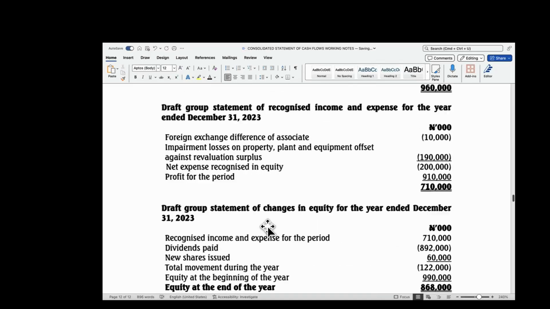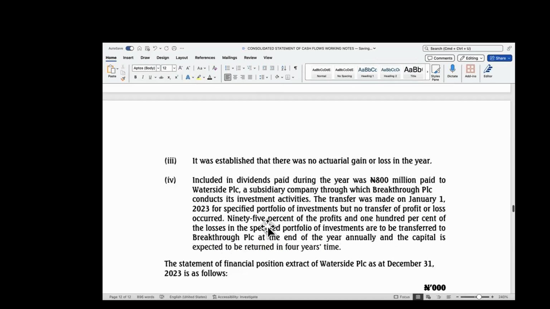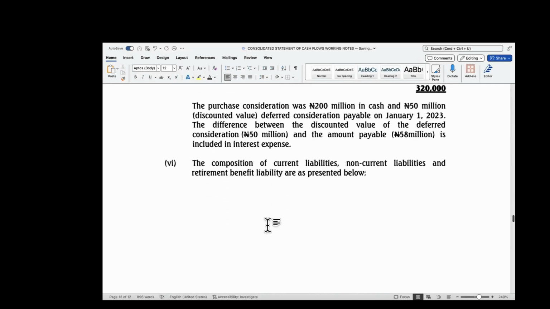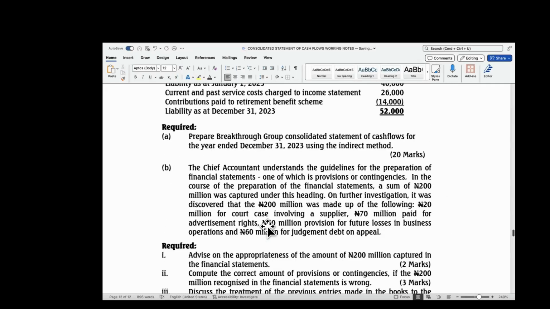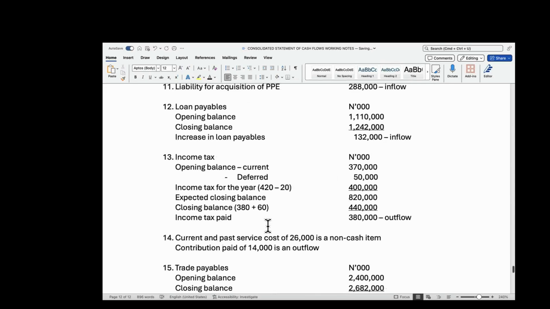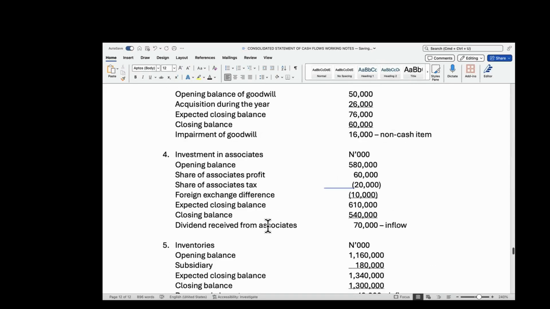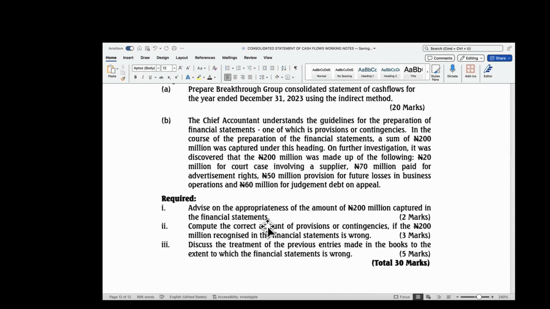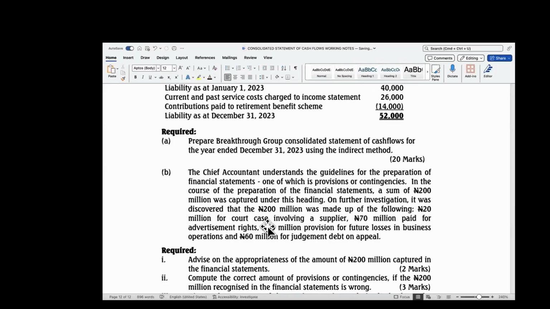So what's remaining is just to prepare our statement of cash flows, which is the easiest part of it, using indirect method. So what's the name of the company? Breakthrough.